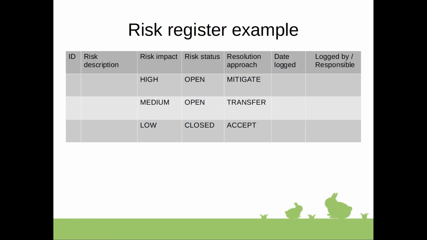Then the initial time of logging the particular risk identified, which is done during the risk identification activity. And it's also a good idea to keep track of who reported this risk or who is responsible for dealing with it, for ease of management of the project.